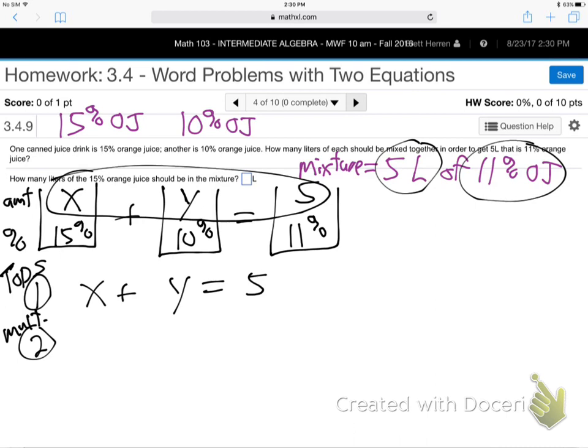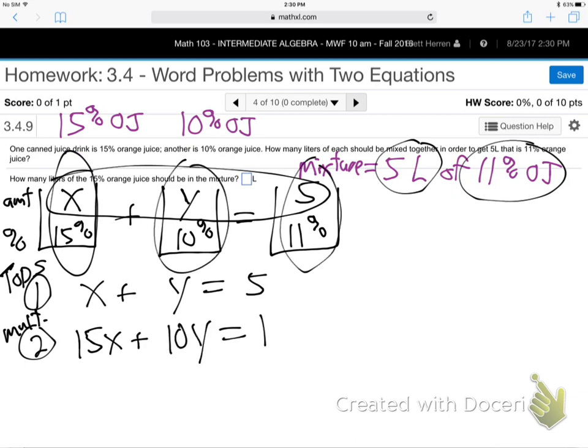I don't need to mess around with decimals, we just skip it because we could get rid of them anyway by multiplying by 100. So we just go 15x plus 10y and 11 times 5, and you just make that 55. Is that making sense? So the first equation is top. The second is multiply.